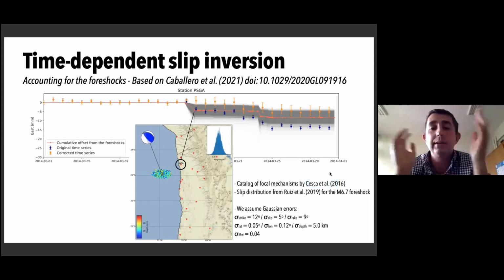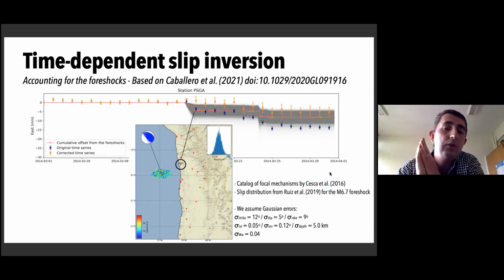Then you take this catalog, and for each earthquake you produce random realizations of the focal mechanism, the location, and the magnitude of that earthquake, assuming a Gaussian error. And here are the ranges that we are using for our random realizations.